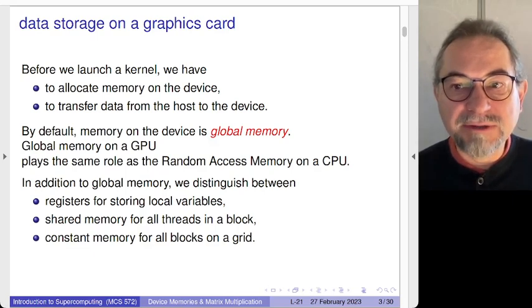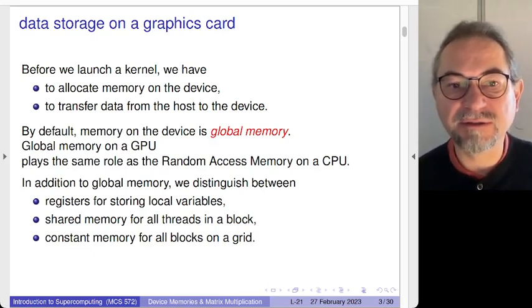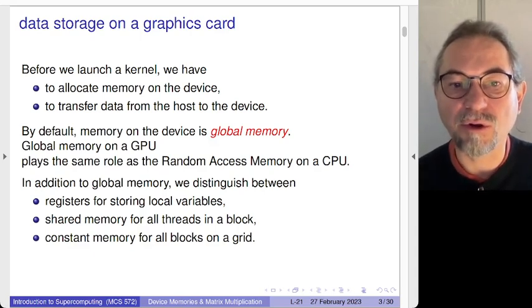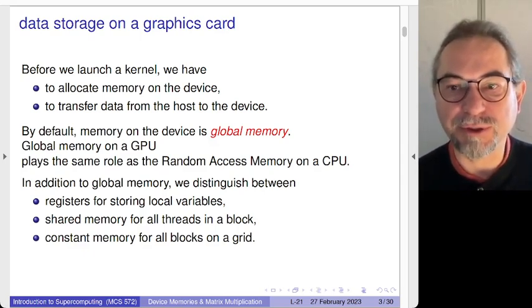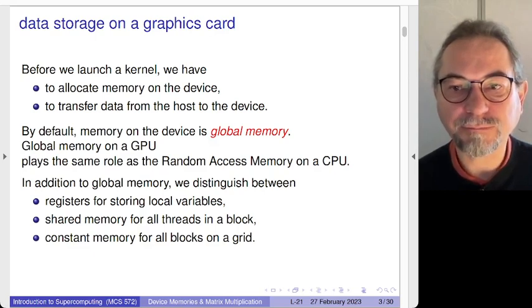By default, if we don't specify much, the memory on the device is the global memory. The global memory is very similar to the random access memory on the CPU, on the host.